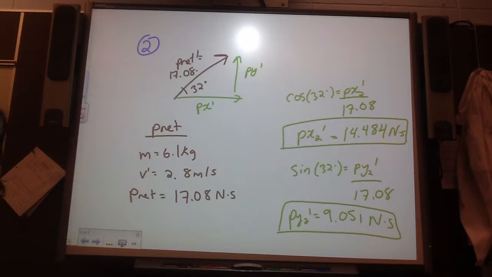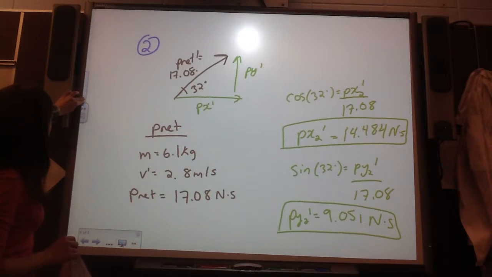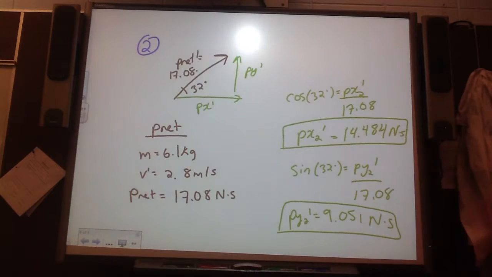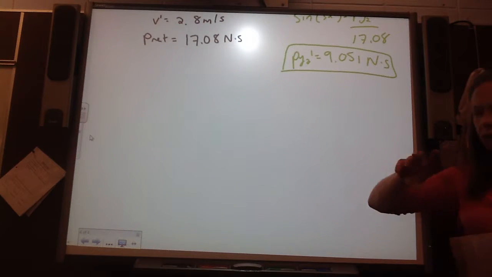So now that we found our x's of both and our y's of both, we add them both together. If you're running out of space on that page, you can just flip it over.